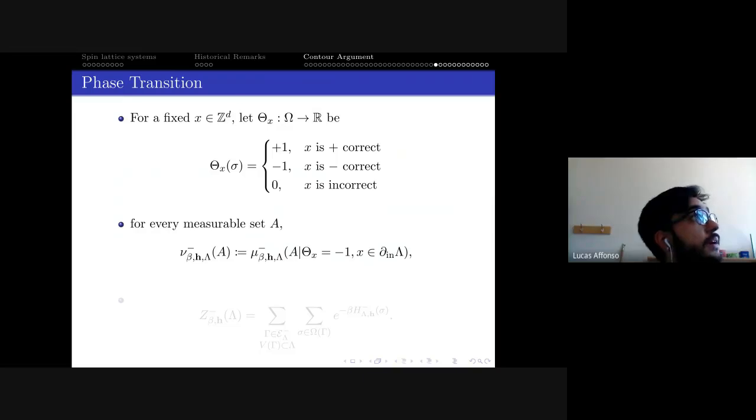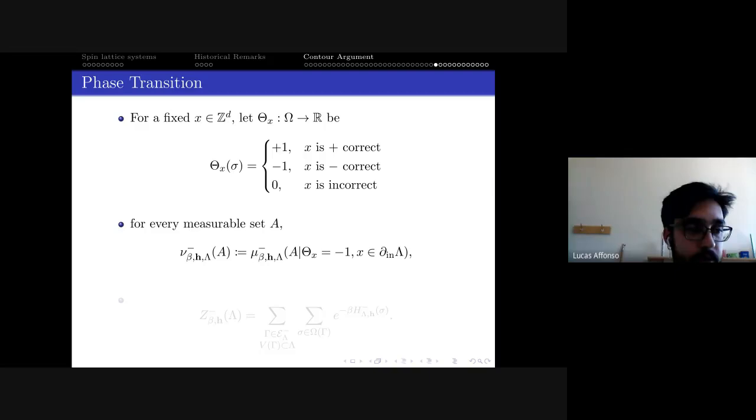This happens because if you had a point in the boundary to be incorrect, then for instance, if you are in minus boundary condition, and if you take a point in the boundary of lambda as being plus, then all its neighbors are also incorrect.